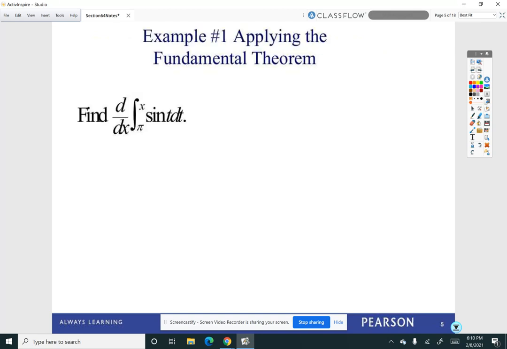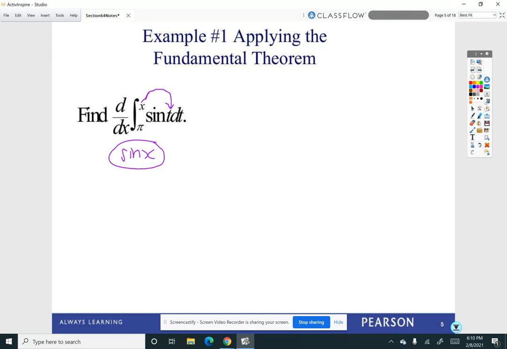So the answer to this question is very straightforward. Our function is sine of t. That function in terms of x would be sine of x, and that's it.